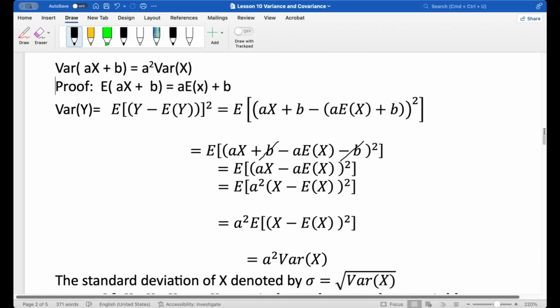So again, variance of ax plus b is a squared times the variance of x. And then the standard deviation of x is the square root of the variance. So both standard deviation and variance are measuring spread. Both have their strengths and weaknesses in terms of when they are convenient to use.